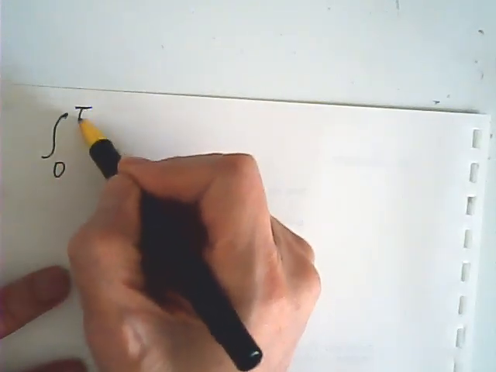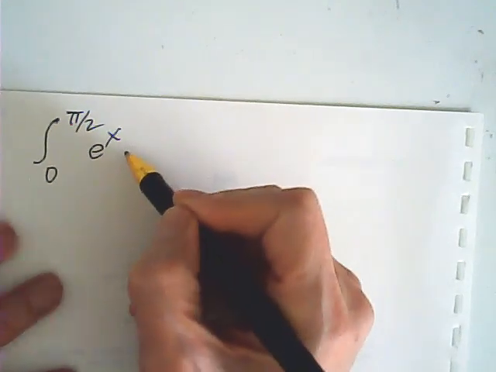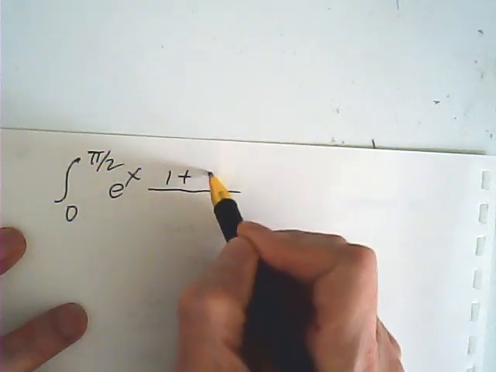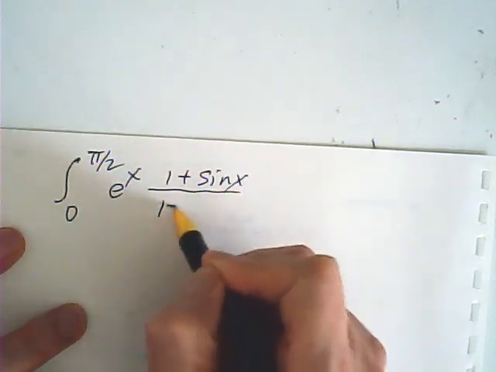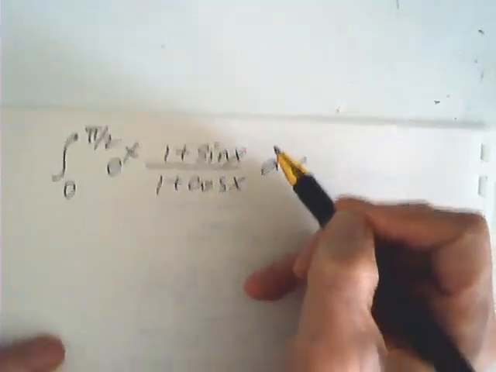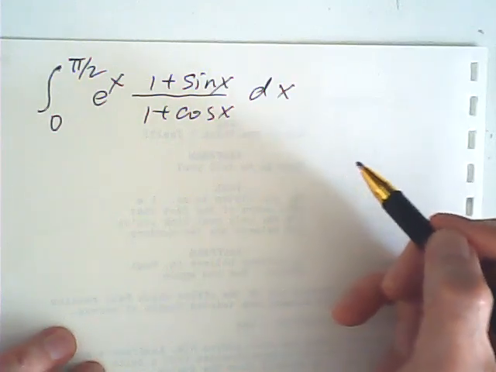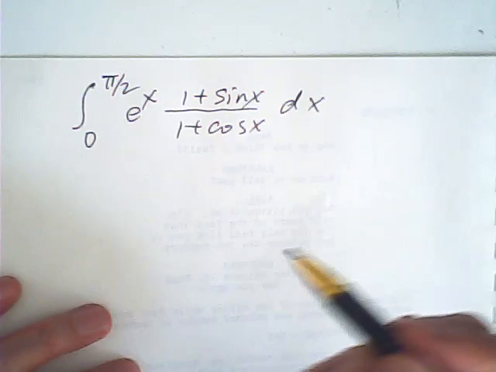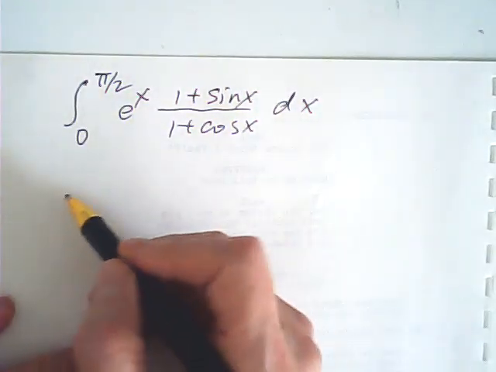Method 3. Integral from 0 to half pi e^x (1 plus sine x) over (1 plus cosine x). Now method 3, I think, is the best method.